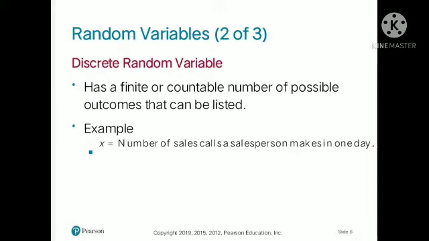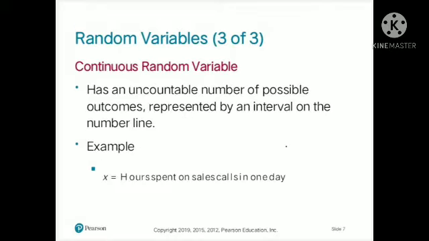Discrete random variable has a finite or countable number of possible outcomes that can be listed. Example: X is the number of sale calls a person makes in one day. Continuous random variable has an uncountable number of possible outcomes represented by an interval on the number line. Example: X is equal to hours spent on sale calls in one day.